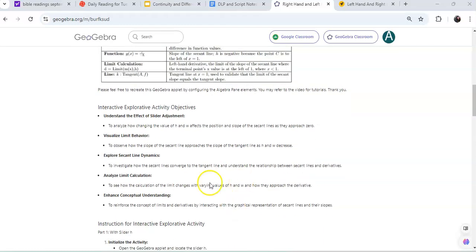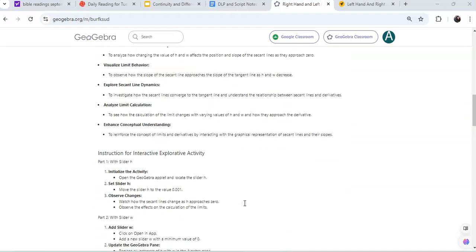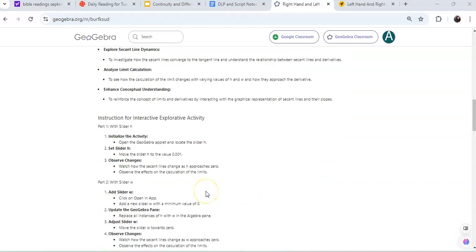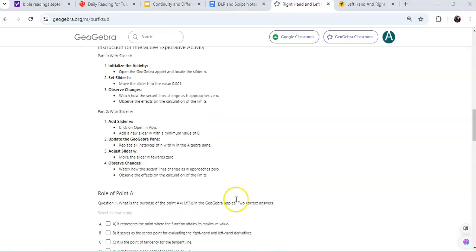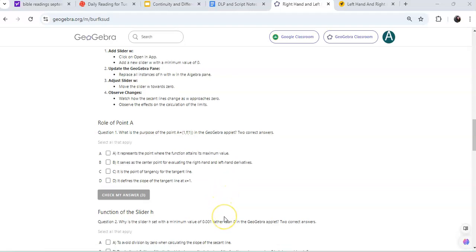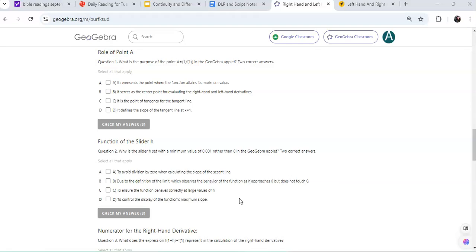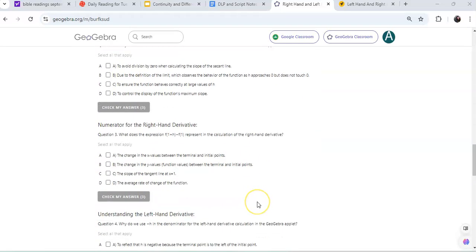So we are itemizing the activity objectives, and please feel free to go through them. Then we have the section for the instructions for such interactive explorative activity prior to answering the multiple choice questions, as a guide in mastering the knowledge and skills one can gain for the said limit and derivative concepts.